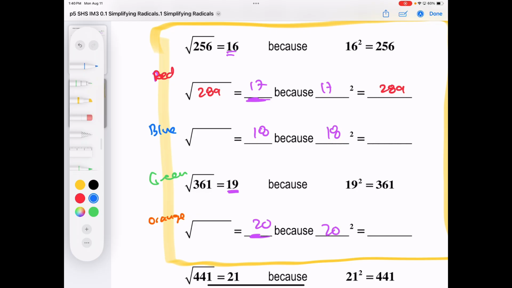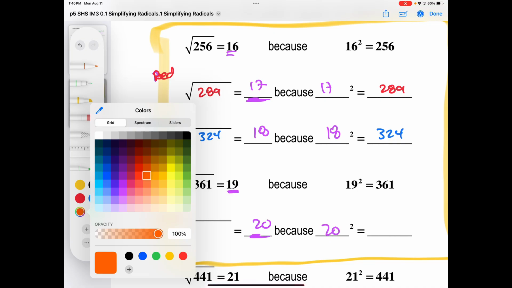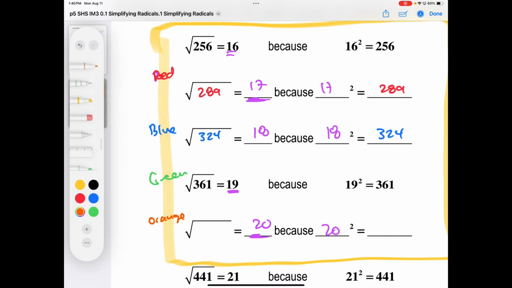Blue chairs, 18 squared? 324. 18 times 18 is 324. So again, when you think of perfect squares, you should be thinking of a square and then the same two numbers on the side. Green chairs? Oh, why did I assign you that? That's already done. Good job, green chairs. And then orange chairs. 20 squared? 400.